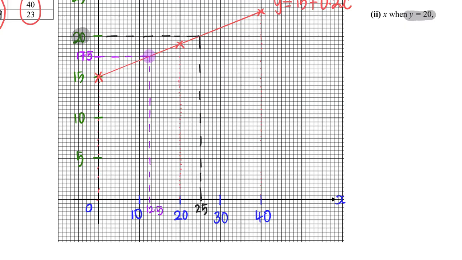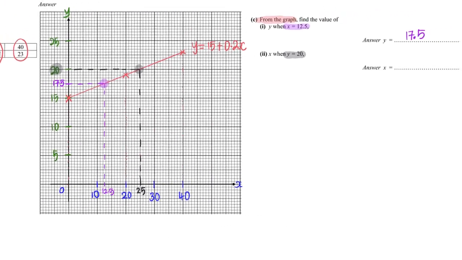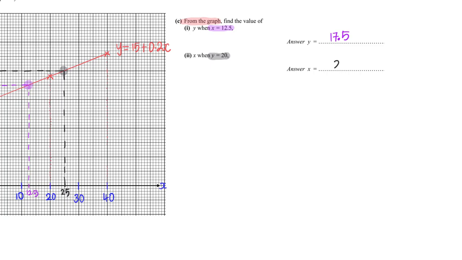And I have found out that at this particular point of the line, where the y coordinate is 20, the corresponding value of x is 25. I just need to write 25 here.